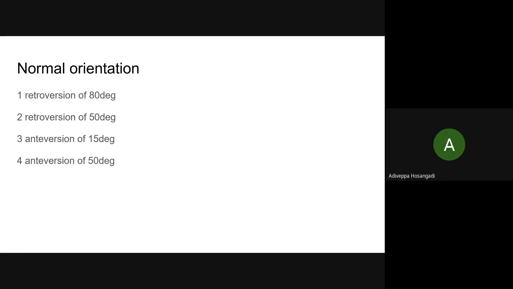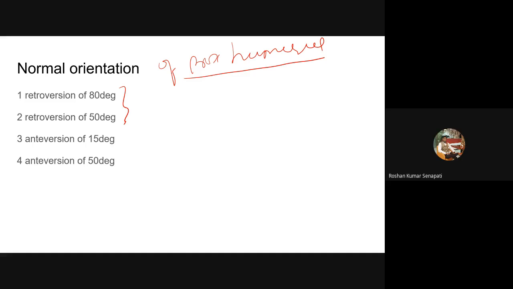Yes, sir. Normal orientation of proximal humerus. Sir, retroversion. How much? Sir, approximately I think 20 degrees.